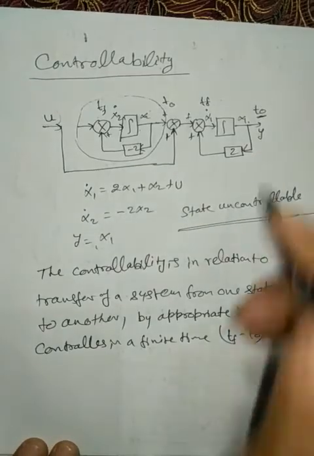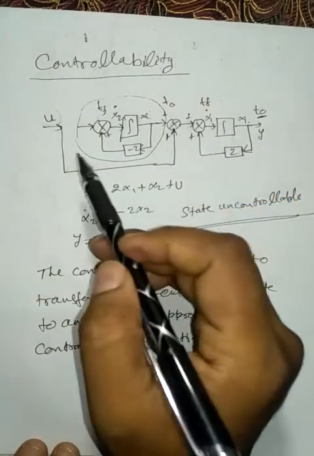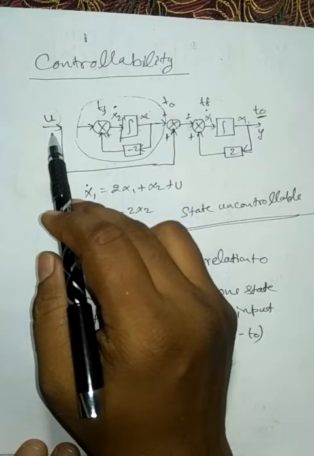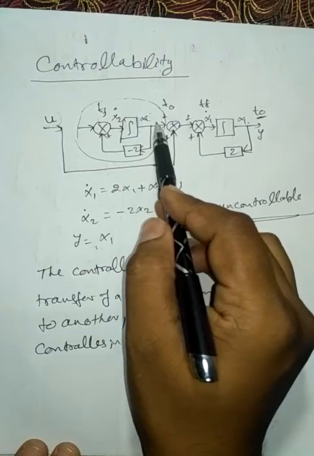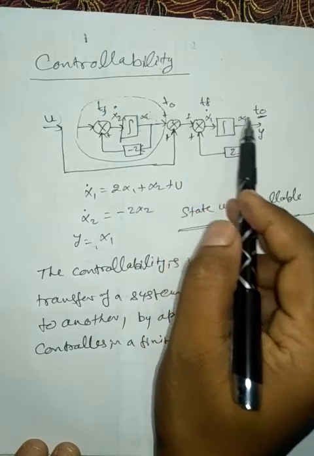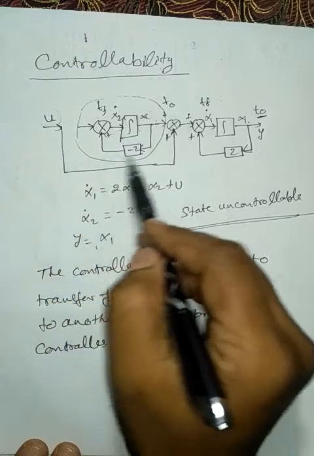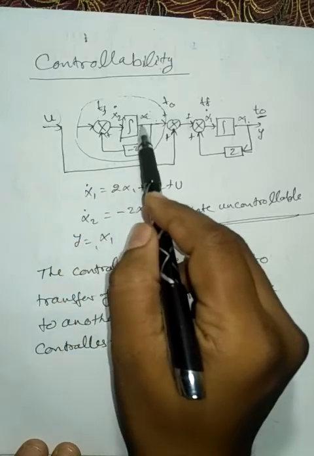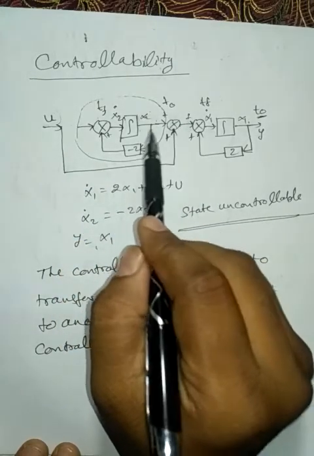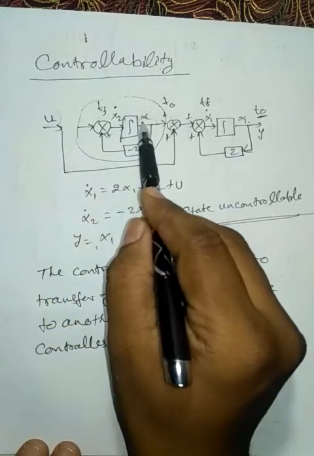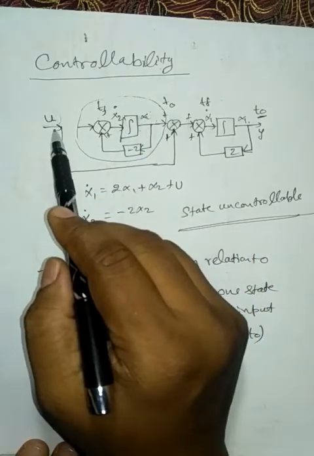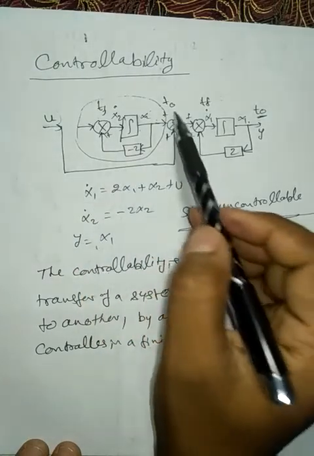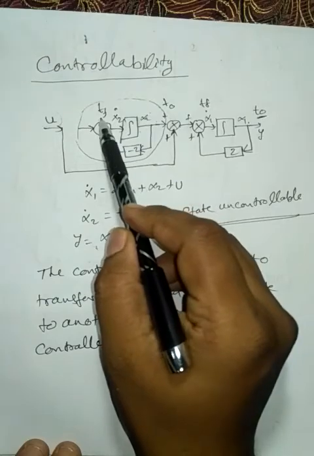Here, in this diagram, x1 is dependent on input u, but the input has no control over x2. Thus, it is not possible to drive this state x2 from its initial state at t0 to tf.